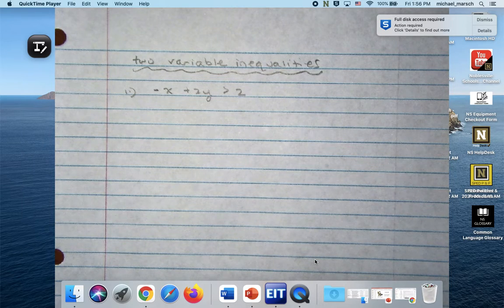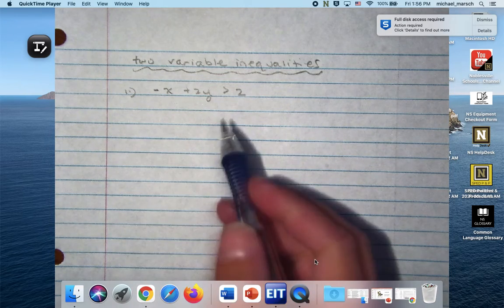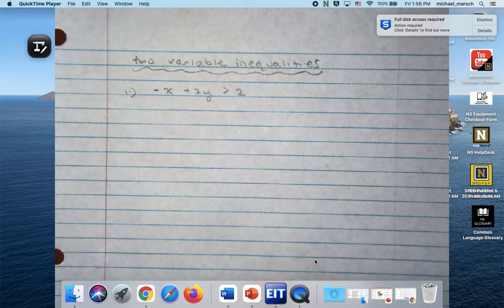Okay, so clearly this one's different because now we have an x and a y, hence the name 2 variables, right? And we want to graph this, but if you recall from the Ed Puzzle, what form does it need to be in before we can graph it?